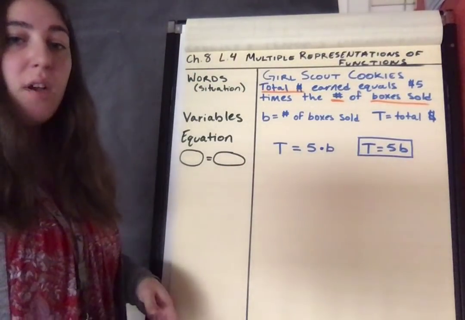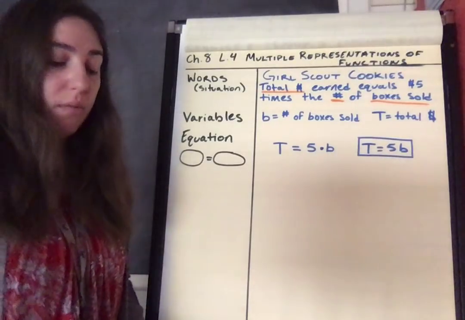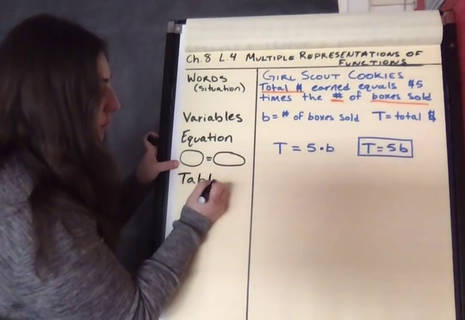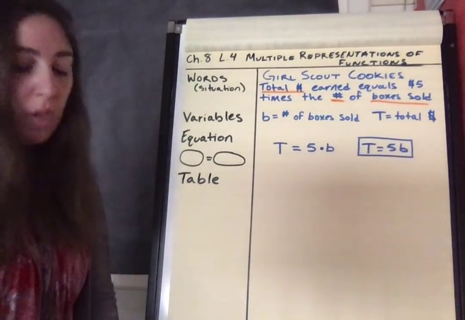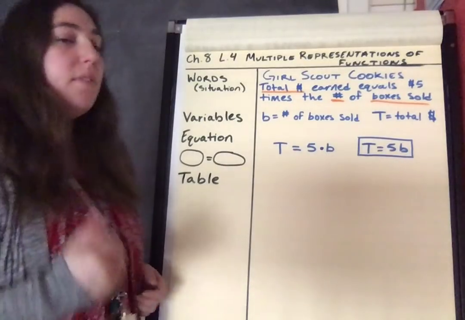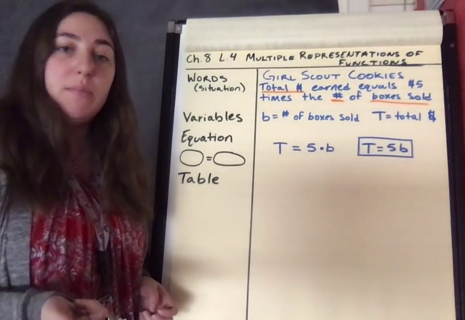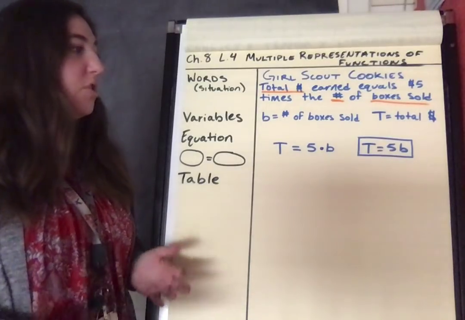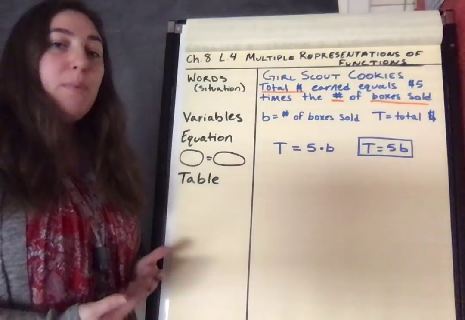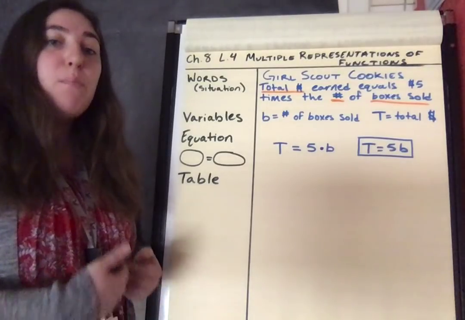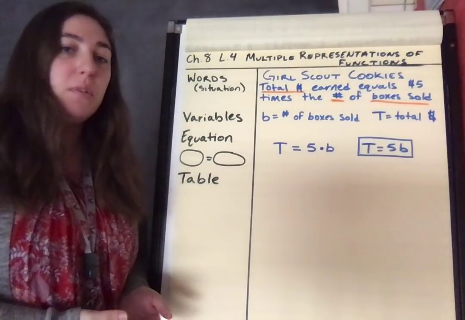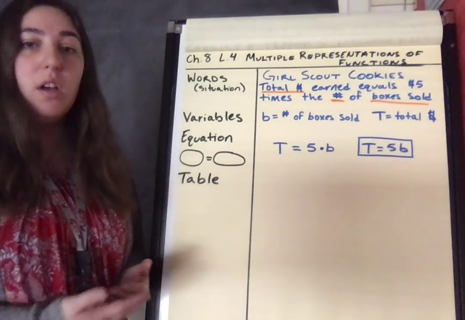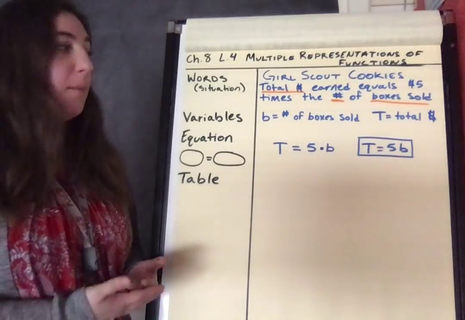All right, now that we have our equation, we can create a table. In our table, we're going to have the independent and the dependent variables. We talked about this a little earlier in the chapter. Our dependent variable depends on the independent variable, and the independent variable does not depend on any other variable or number, okay?